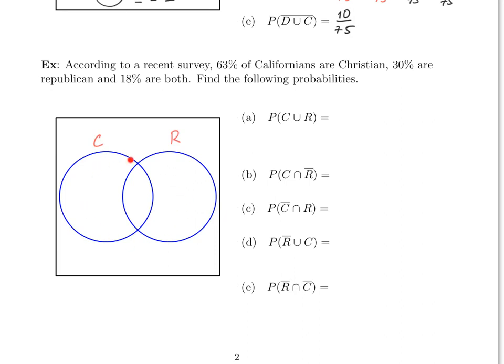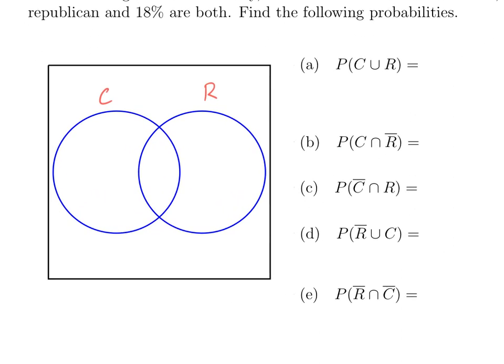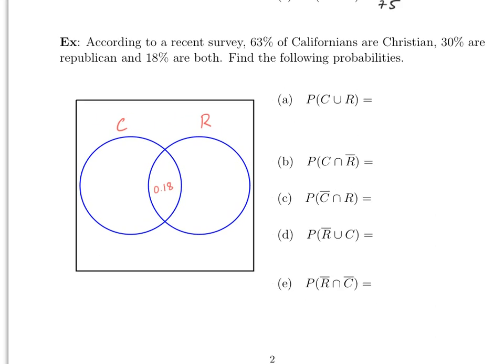Remember that you need to complete this before you attempt to solve any questions. This is telling you that 18% are both Christian and Republican. It also tells you that 63% are Christian.